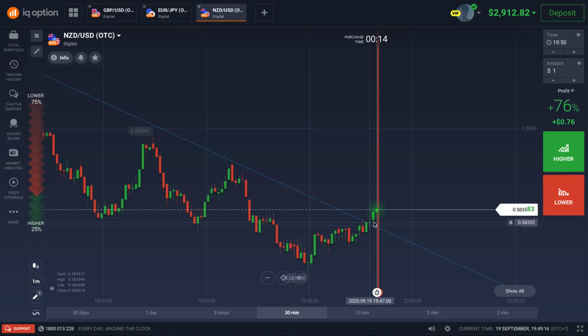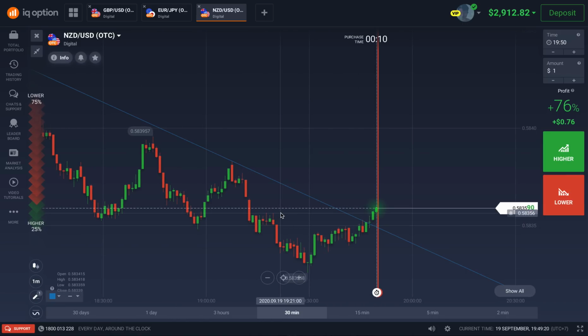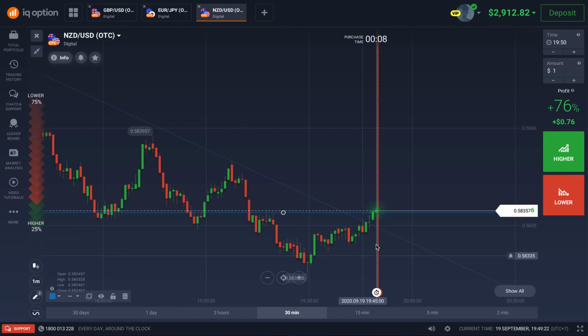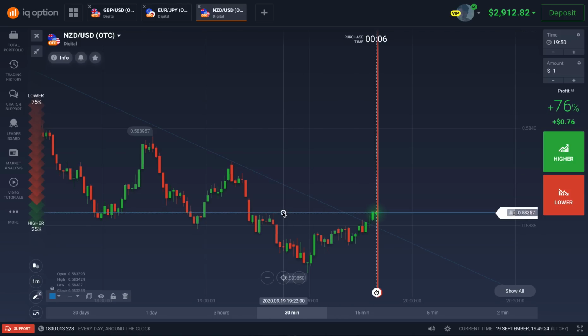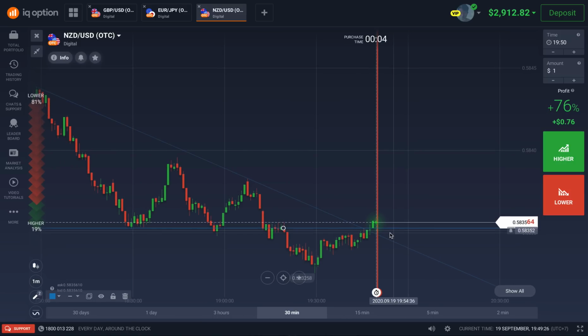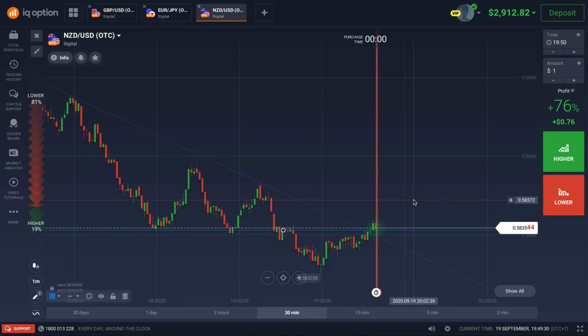If this one is able to break this price level, they are able to go up higher. So I believe that they can be bullish on the next one.